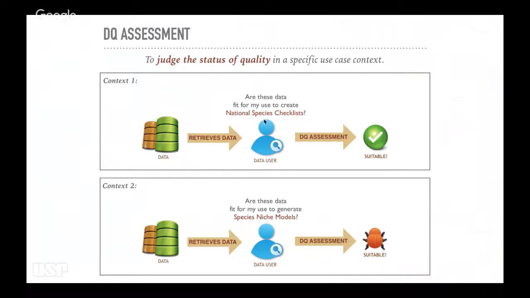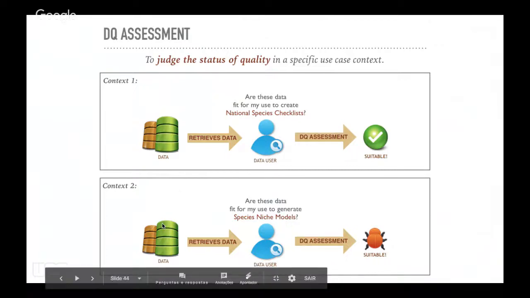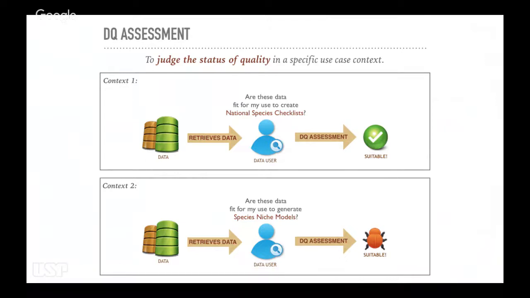For this context, this data is suitable. But let's say we have another use case, another context, which is to generate species niche modeling. The same data maybe is not fit for this use. So when a data user judges if some data have quality for him or not, this is what we call data quality assessment.